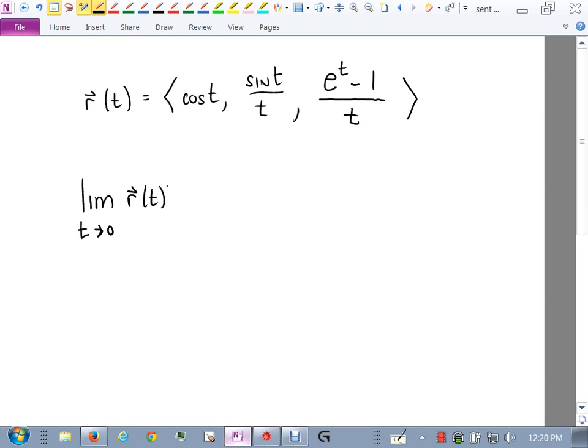What I'm going to do is take the limit of each of these individually. So I need to find the limit as t goes to 0 of cosine t. Let's do that one first.